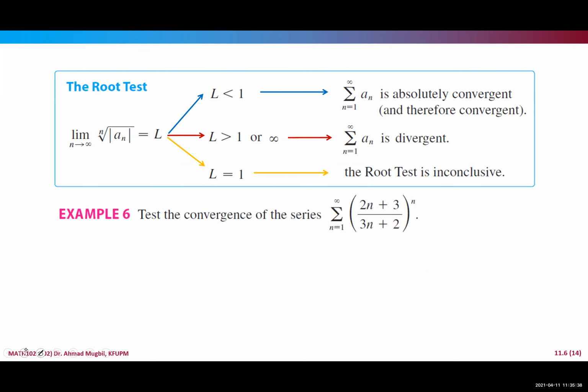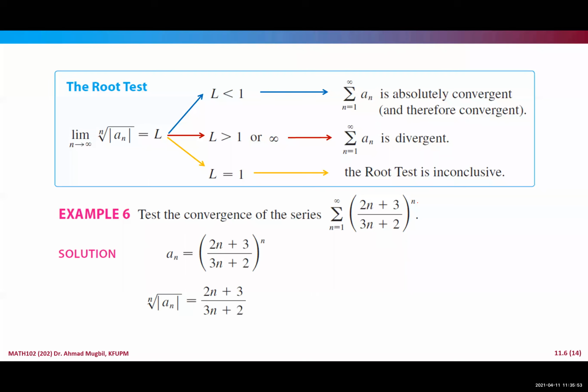Let's take an example here. Look, here we have a power. So what you will do, you will take the absolute value. By the way, this is positive, no need for the absolute value. So you will just take the nth root. The nth root of this nth term will be all to the power 1 over n. So this will be cancelled with this, and you will have 2n.